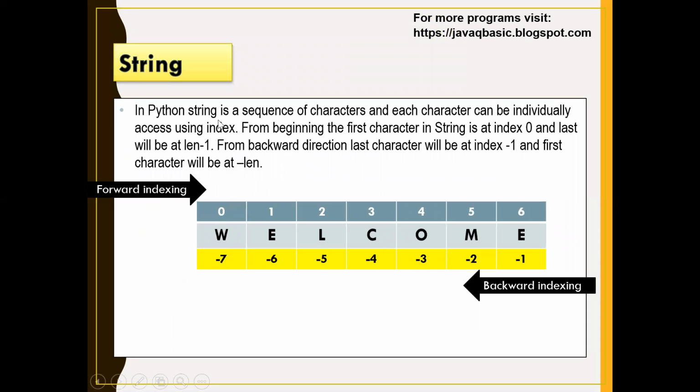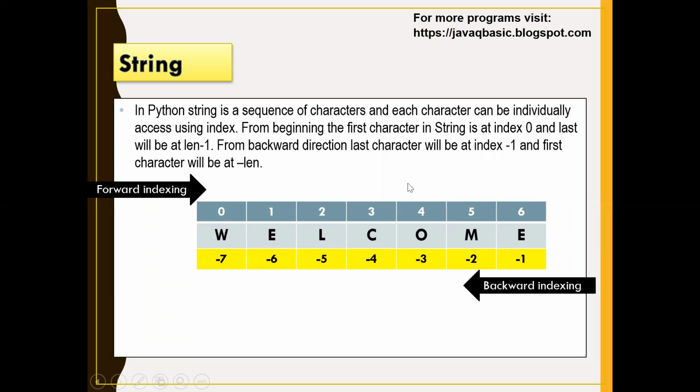In Python, a string is a sequence of characters, and each character can be individually accessed using index. From beginning, the first character in string is at the index 0. Here you can see W is index 0, E is index 1, L index 2, C index 3, O index 4, M index 5, E index 6. And the last will be at length minus 1.